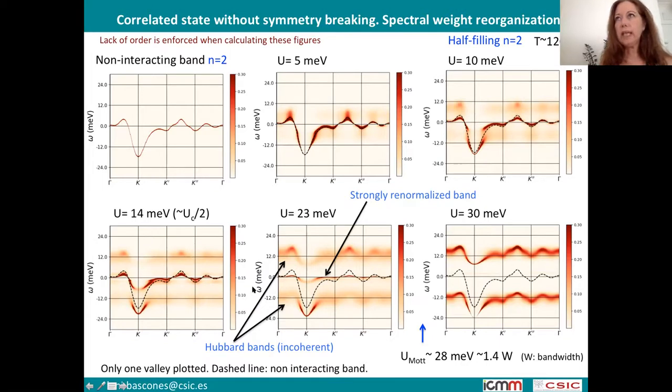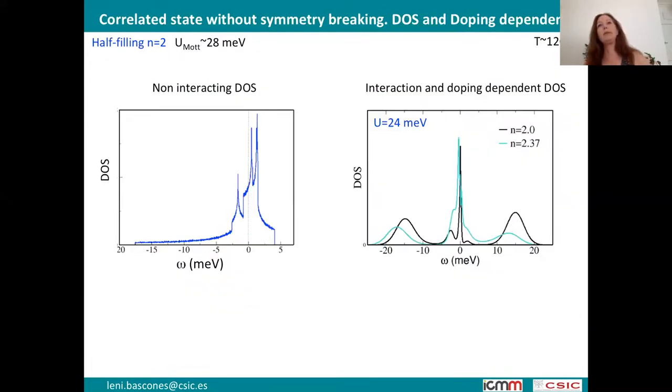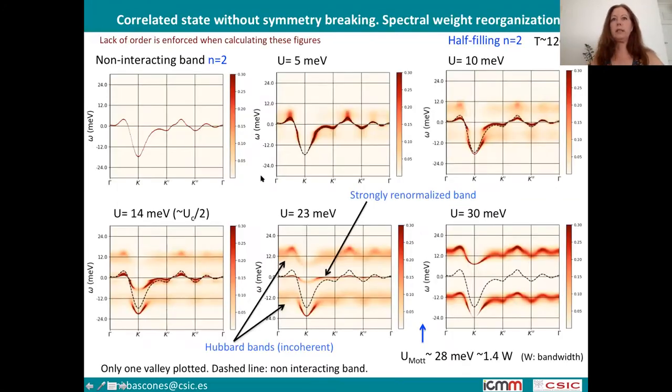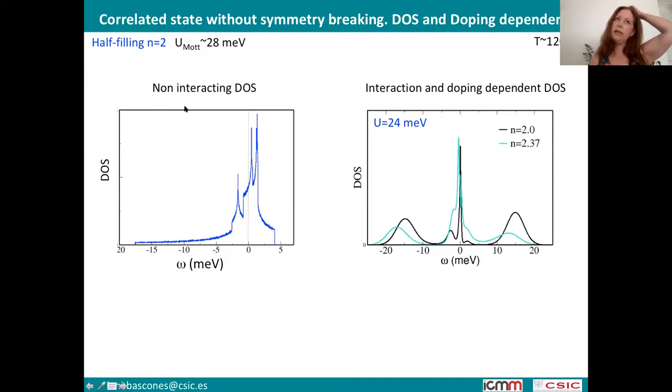I would say around 60% of the spectral weight is not in this quasi-particle band. So we expect this to have a strong effect on the density of states. Now I'm going to be in a region close to here. This is the non-interacting density of states.